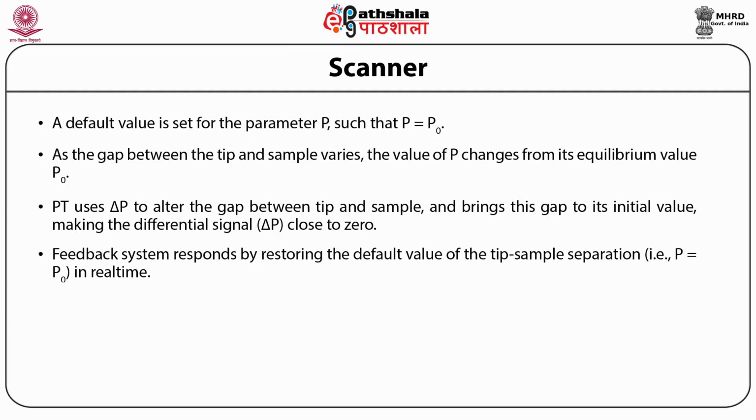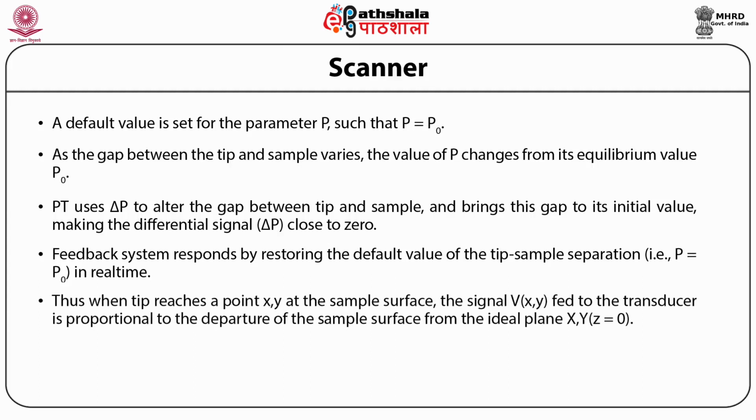real time. Thus, when the tip reaches a point (x, y) at the sample surface, the signal V(x, y) fed to the transducer is proportional to the departure of the sample surface from the ideal plane, that is z(x, y) at z equal to 0.